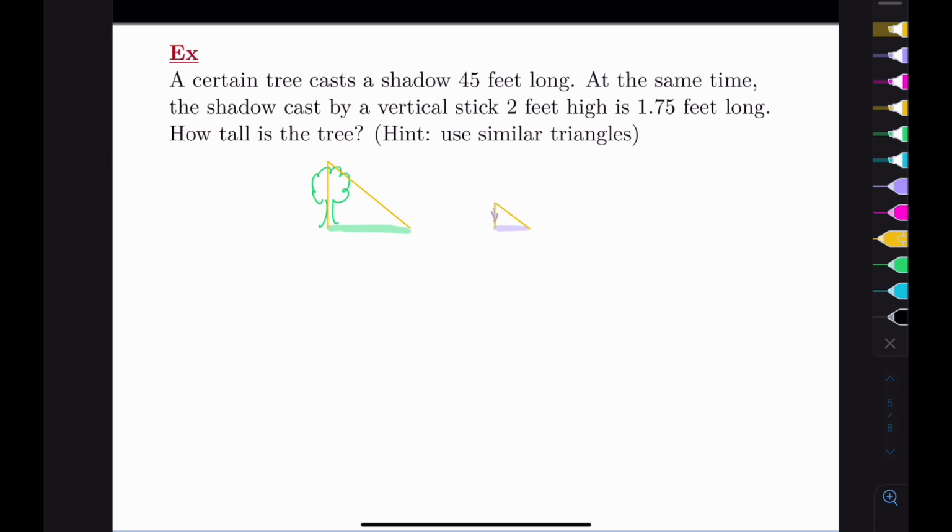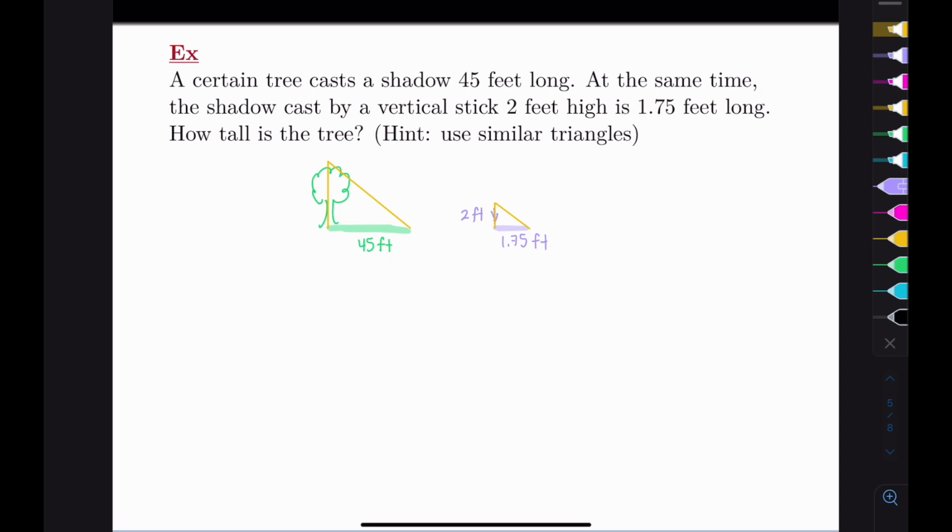Because if we have our sun over here, it's casting the shadow, and it creates these two similar triangles within it. Okay. So filling in the pieces that we do know, we know the shadow of the tree is 45 feet long. We know the stick is 2 feet high, and its shadow is 1.75 feet long.